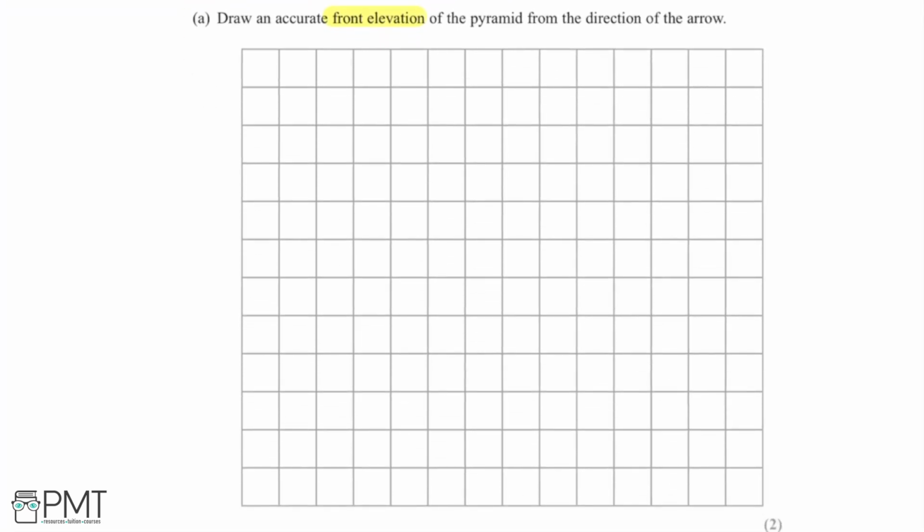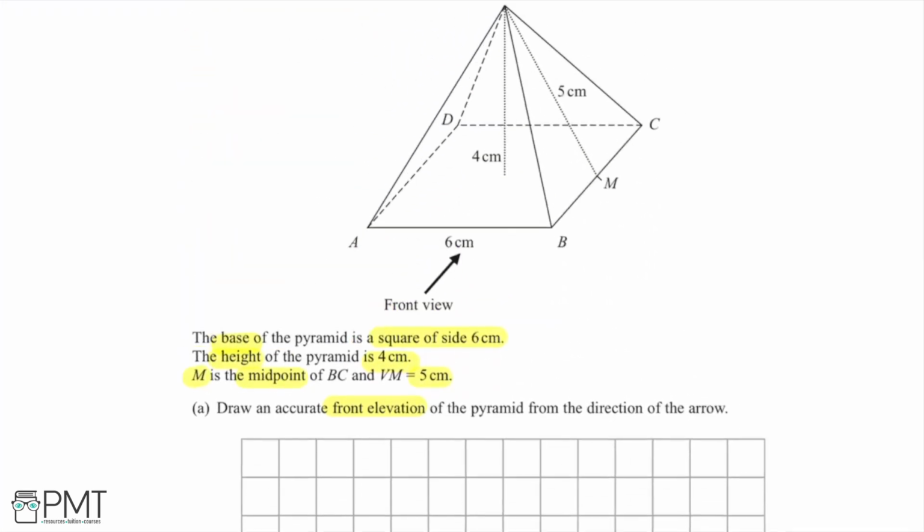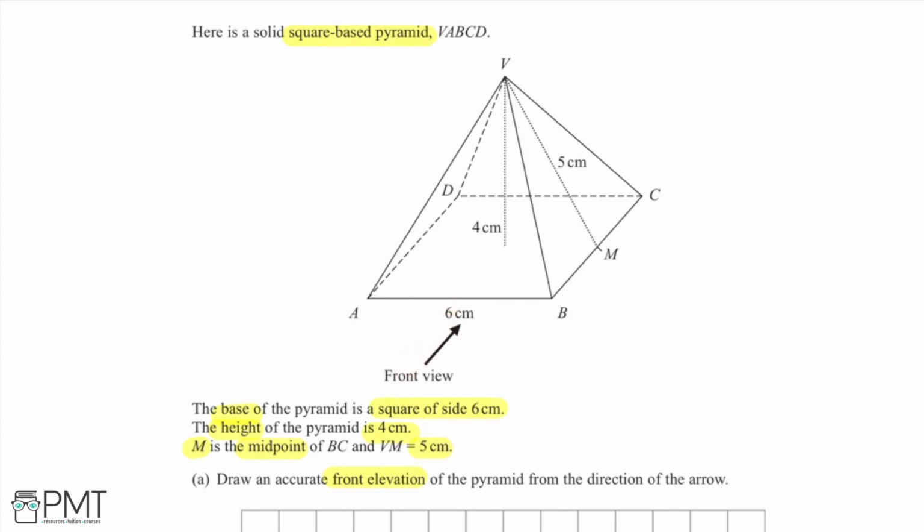So I can draw a 6 centimetre line at the bottom, and if I take each small square to equal 1 centimetre, we have a 6 centimetre line here. I can label that one up. And then if I look at the diagram, looking from this direction, this face and the face obscured here, as well as the back face, are all going to be obscured by this front face that we're looking at.